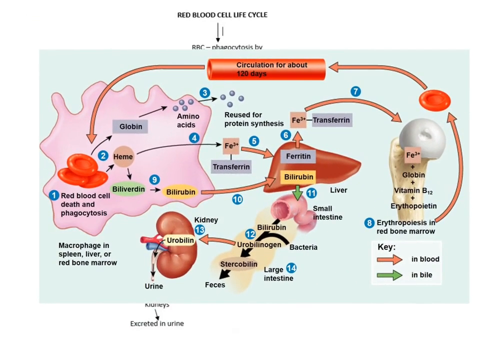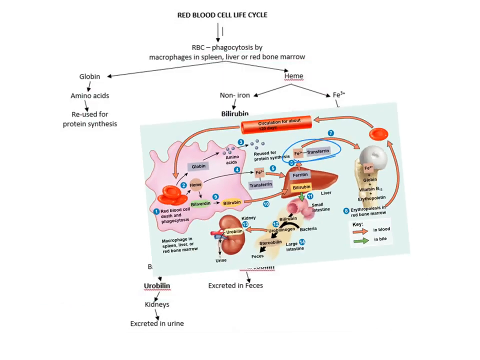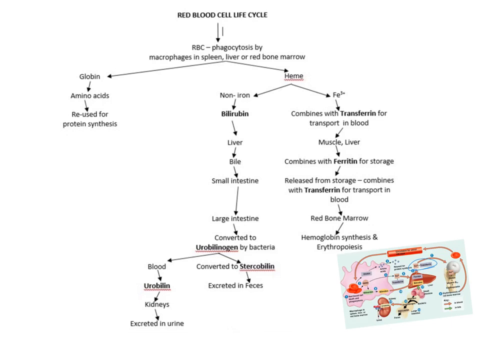When needed, the iron, the ferric ion, is going to be released from the liver, and of course it's going back into the blood, so it is going to have to recombine with transferrin to be transported in the blood. Number 6 right here is released from storage and combines with transferrin. Once again, transferrin for transport in the blood.